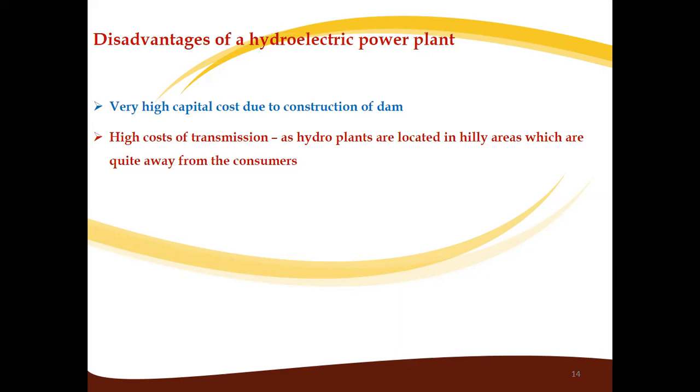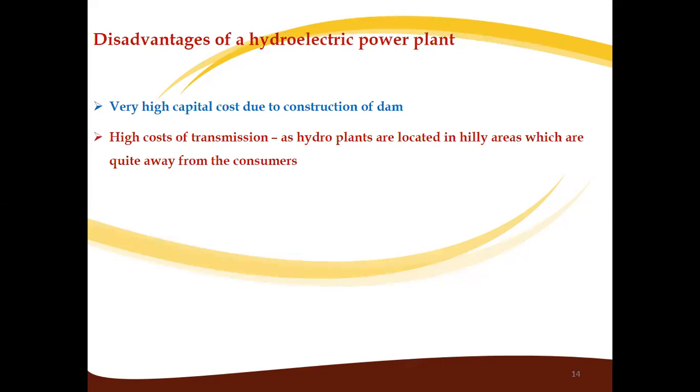So we have to use a transmission line from the power plant location to the distribution location, that is the substation or power stations. So these are some disadvantages of this hydroelectric power plant.